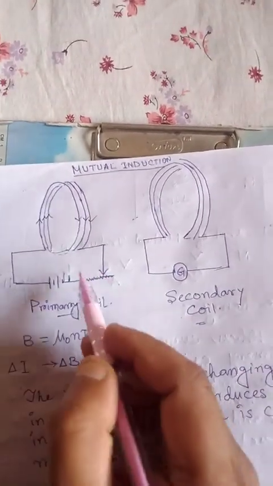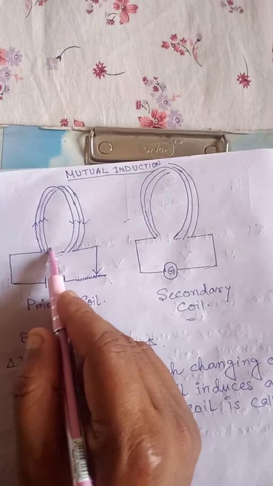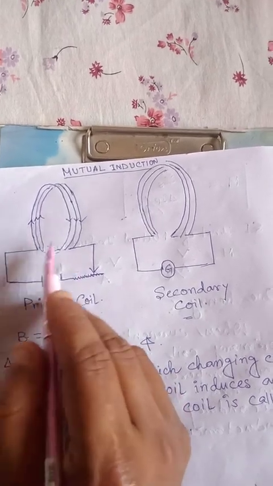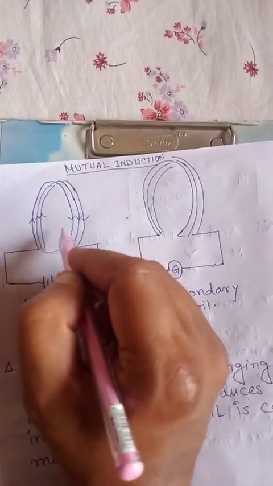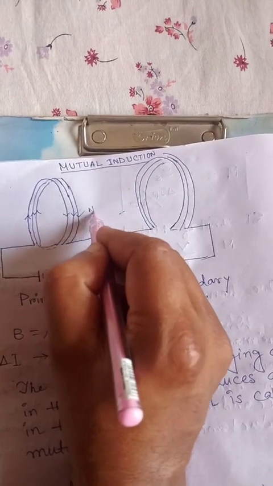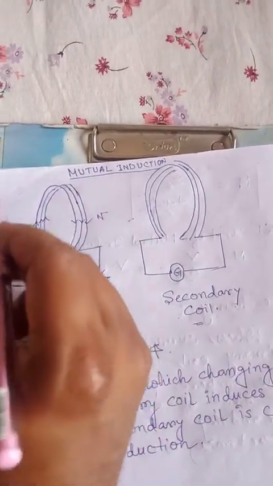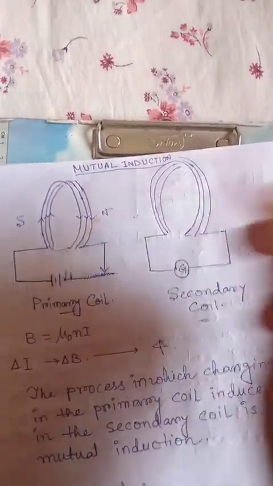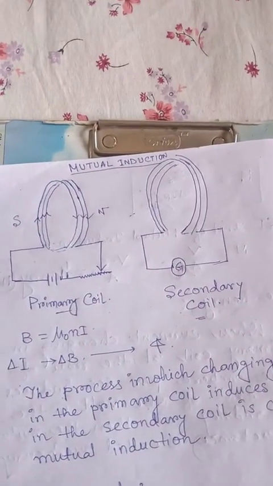So it behaves like an electromagnet as current flows through this coil, and this end becomes the north pole and this end becomes the south pole of that coil.